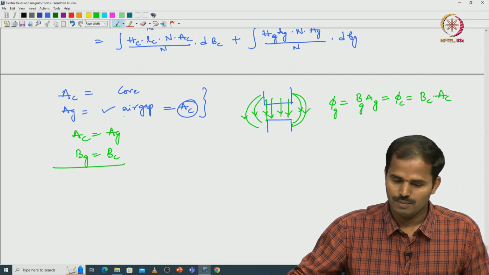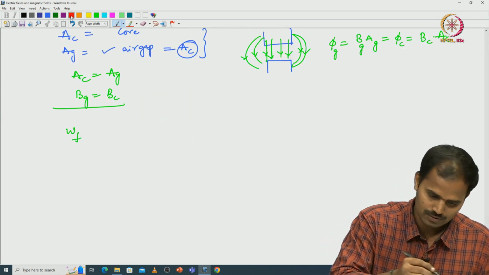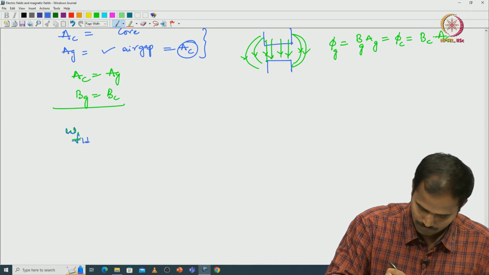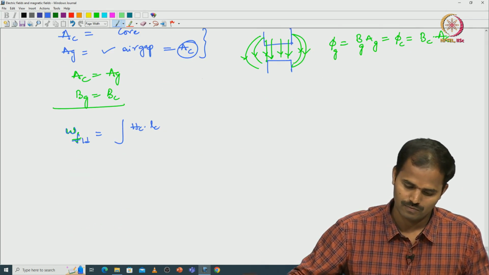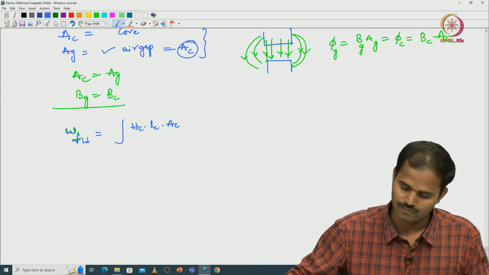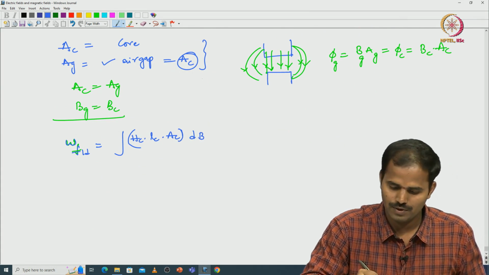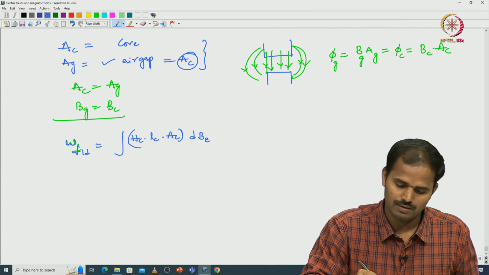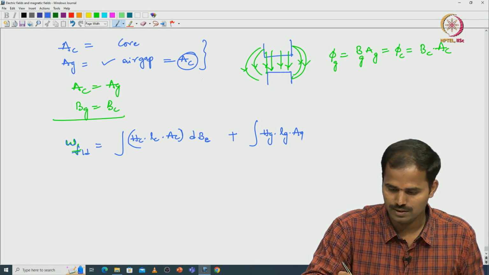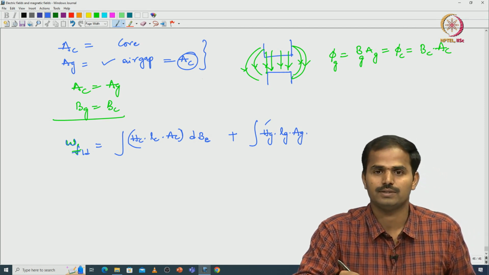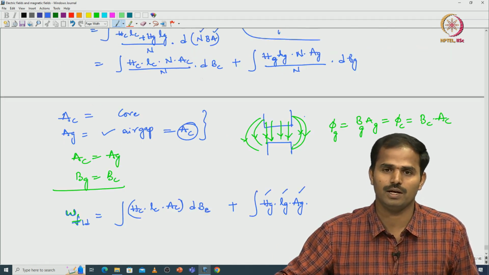From the earlier equation, the field energy equals the integral of Hc Lc into Ac into the derivative with respect to the flux density Bc, plus the integral of Hg Lg Ag, where Hg is the magnetic field intensity at the air gap, Lg is the mean length of the air gap, and Ag is the cross-sectional area of the air gap.